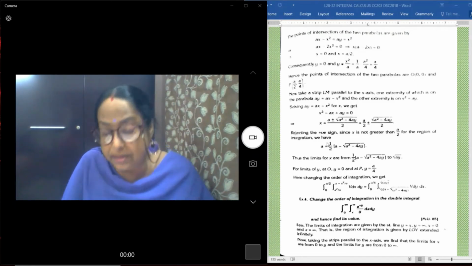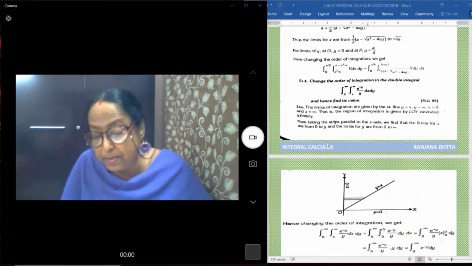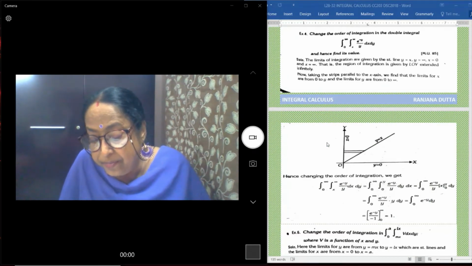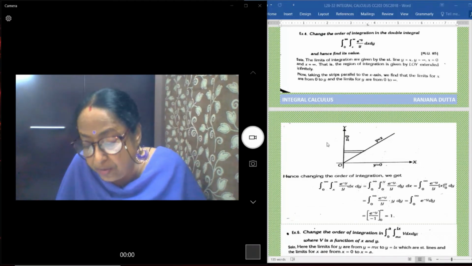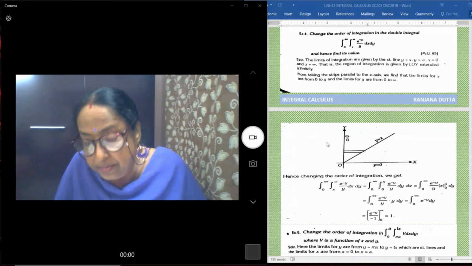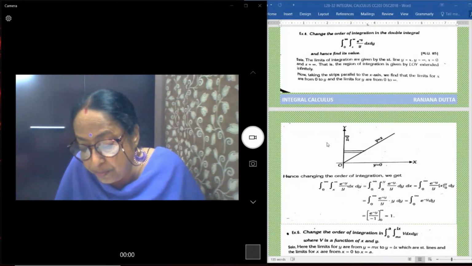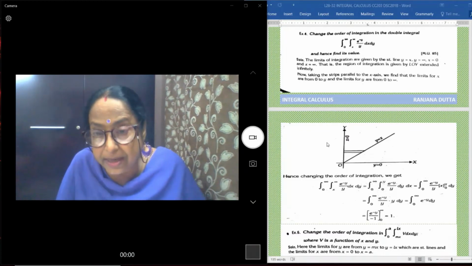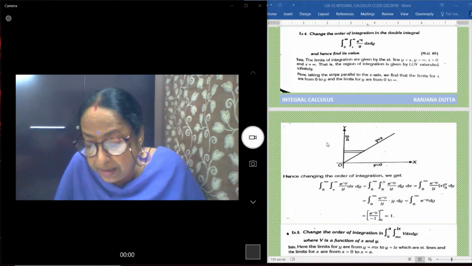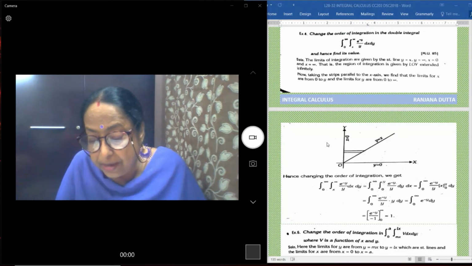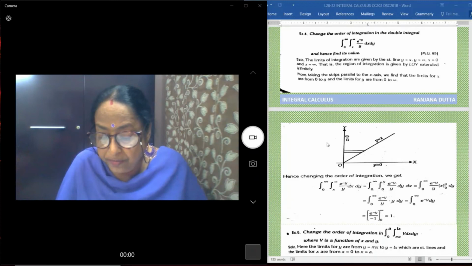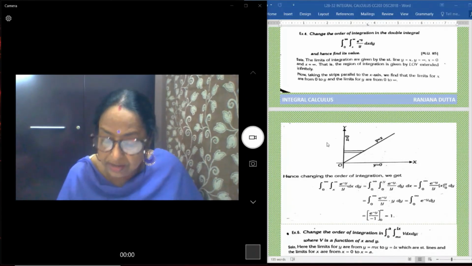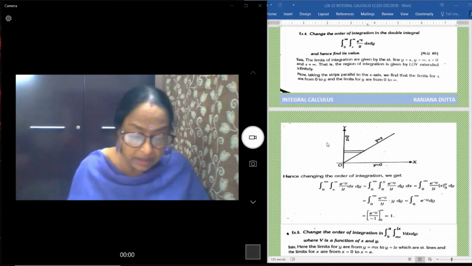So plotting this graph, we can see the feasible zone. In the feasible zone we can see the value of x varies from 0 to y, since y equal to x, and the value of y varies from 0 to infinity. So this way we can change the order of the integration.